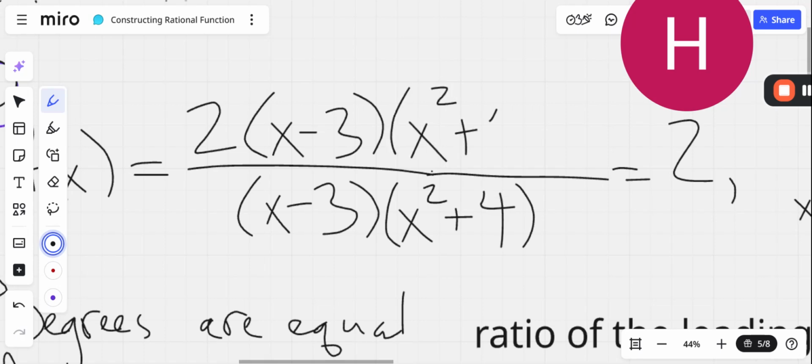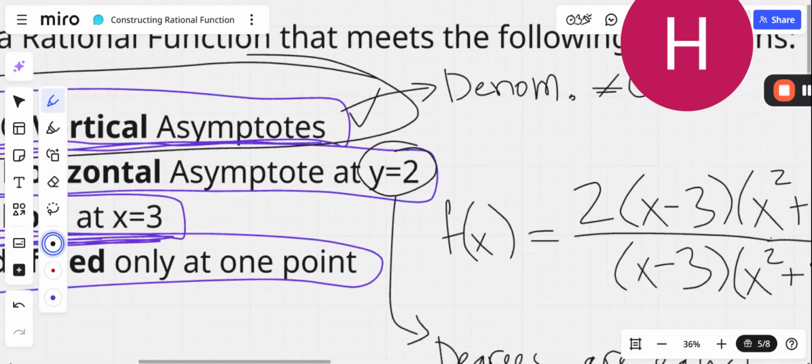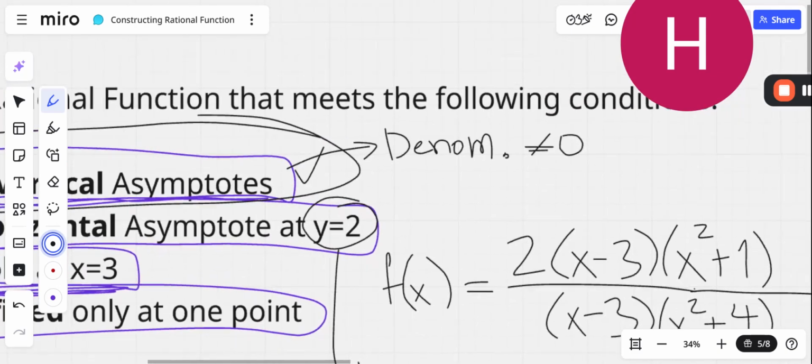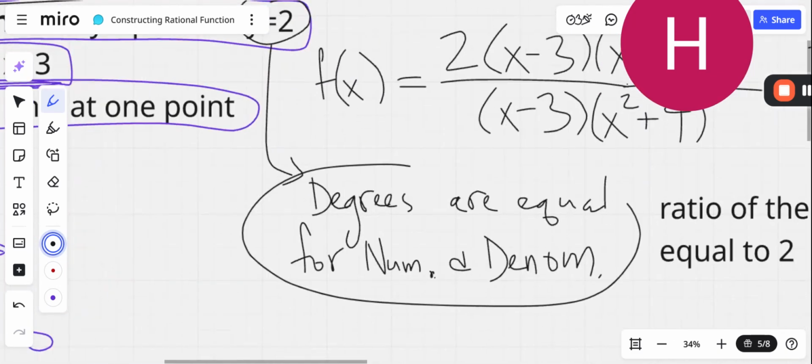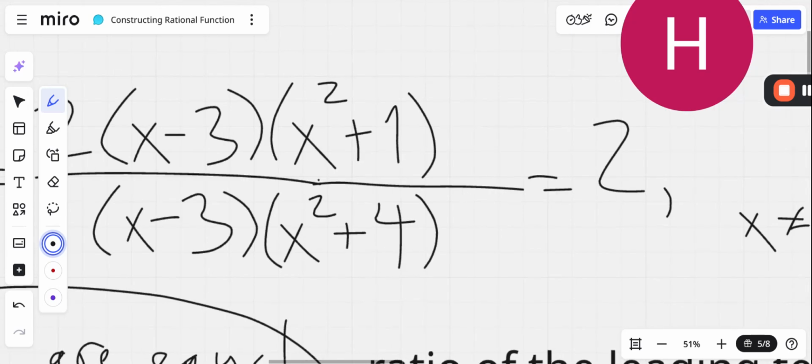So we have to preserve the horizontal asymptote as well, which means the degrees need to remain equal. So if I'm going to put an x squared thing in the bottom, I have to also put an x squared thing on the top. And I don't have the same restriction on the top where it can't equal 0. I could put x squared minus 1 if I wanted to.